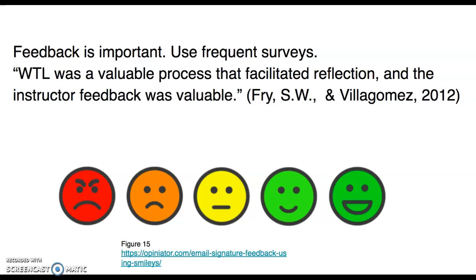Another important thing in using Right to Learn is, in my research at least, that feedback, especially constant feedback, is absolutely important. As was stated by Fry and Villagomez, Right to Learn was a valuable process that facilitated reflection, and the instructor feedback was valuable.